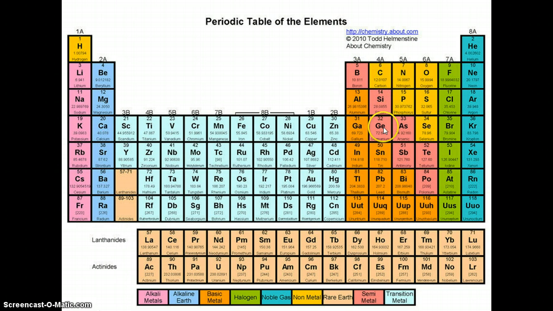In pink you have your metalloids, your semi-metals. Green you have your halogens. Dark blue you have your noble gases. Your rare earths are this peach color down here. Transition metals light blue. And alkali earth metals in this kind of medium blue here.